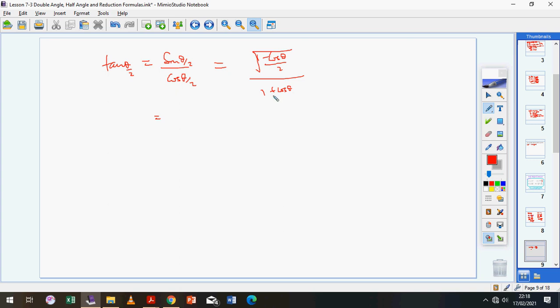When I simplify this, it's going to simplify to the square root of 1 minus cosine theta divided by 1 plus cosine theta, plus minus. So that's the half angle formula for tan. I'm just showing you how they come about, and we can go ahead and apply them.